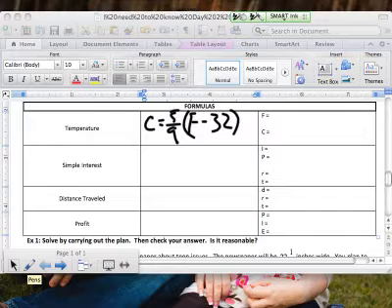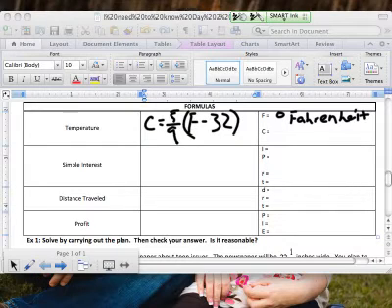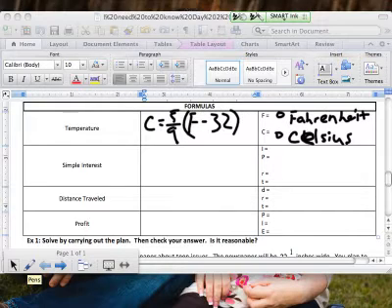F is degrees Fahrenheit. And C is degrees Celsius. Okay. And so that's how you go back and forth between temperatures.